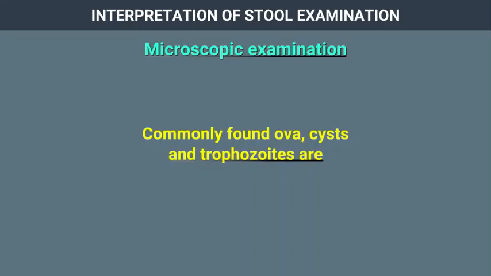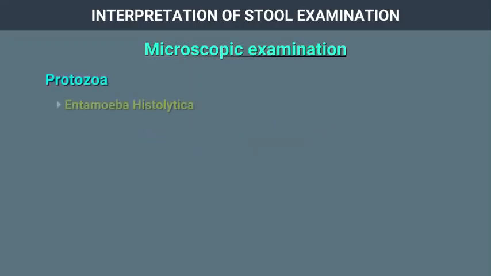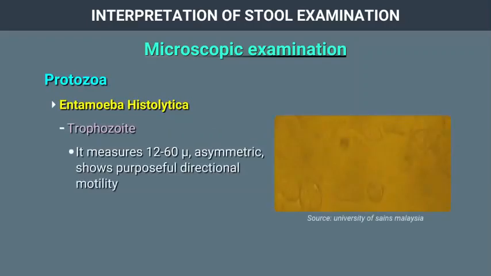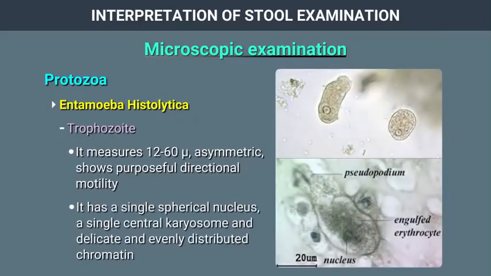The commonly found ova, cysts and trophozoites are Entamoeba histolytica, trophozoite. It measures 12 to 60 microns in size. It is asymmetric, shows motility and has a single spherical nucleus, a single central karyosome and delicate and evenly distributed chromatin.